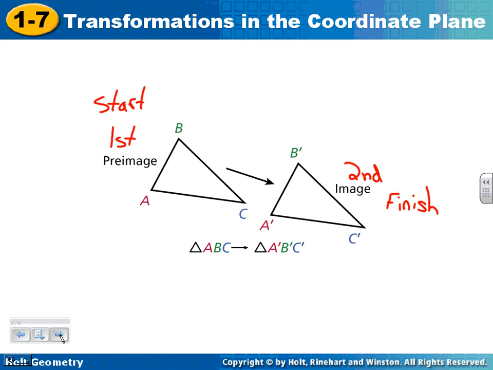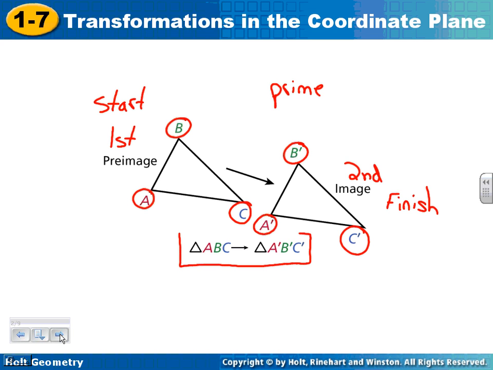Notice this triangle is labeled A, B, C. And it finishes as A prime, B prime, C prime. And this part right here is called arrow notation. Again, arrow notation.